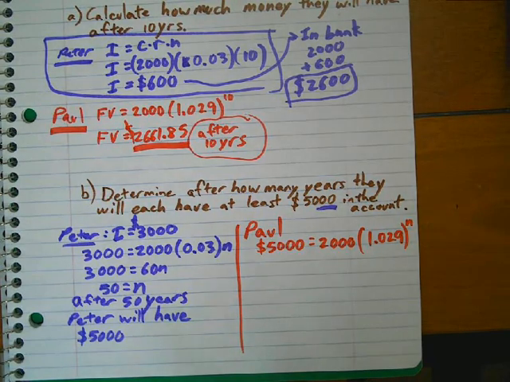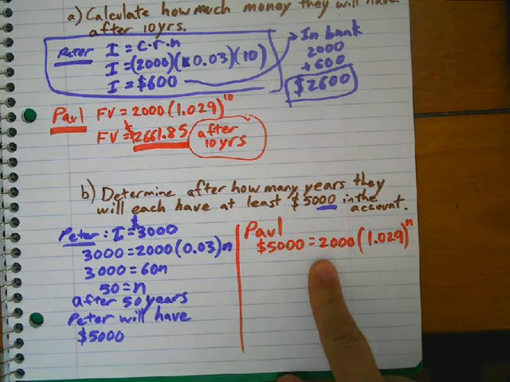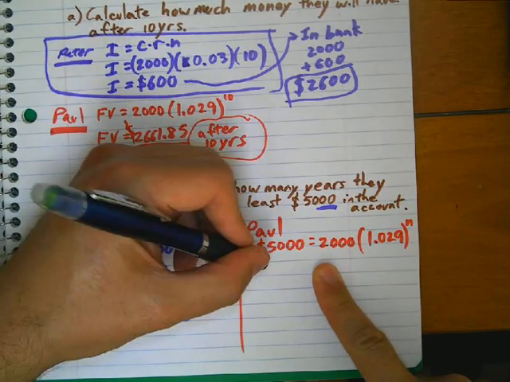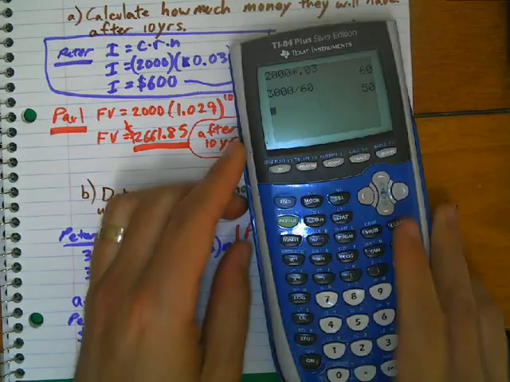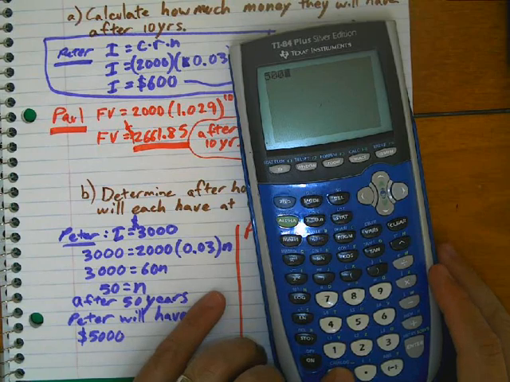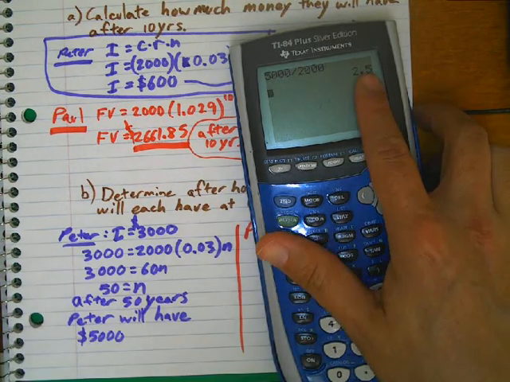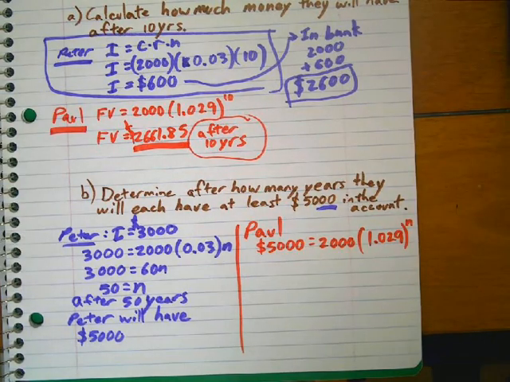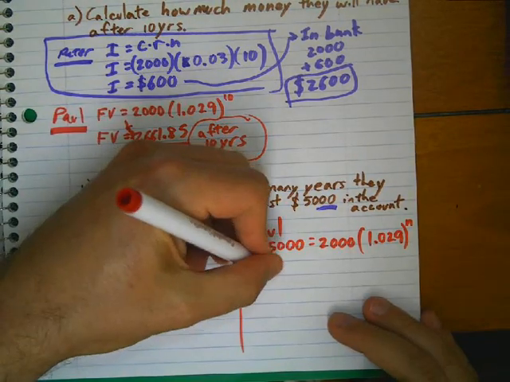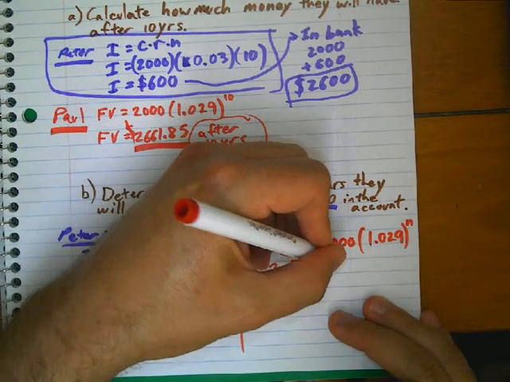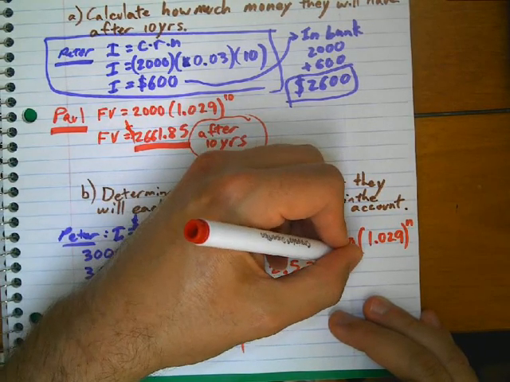Okay, so first thing I do is I divide both sides by 2,000, and then I get 2.5 equals 1.029 to the power of n.